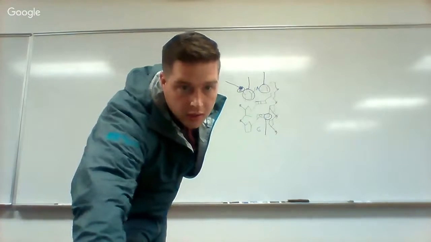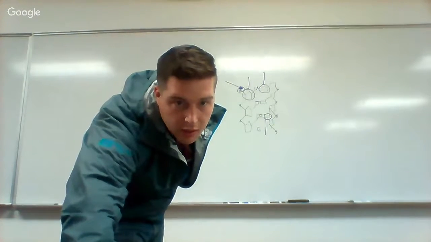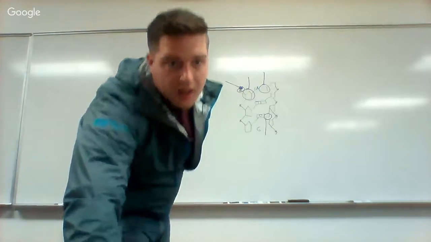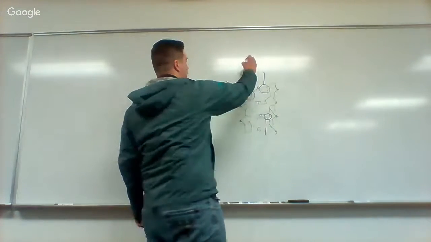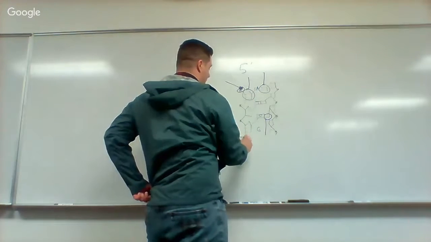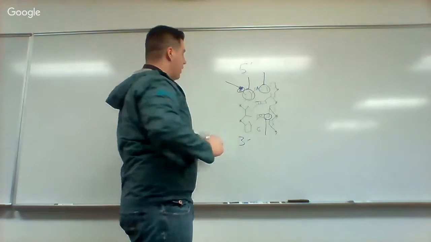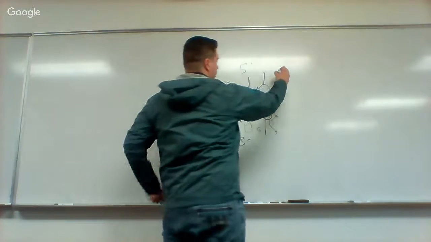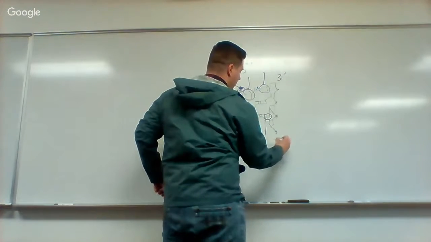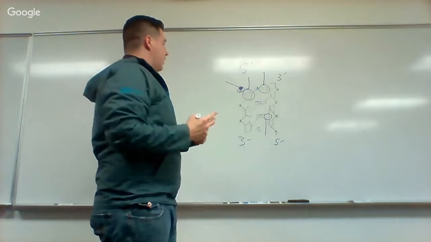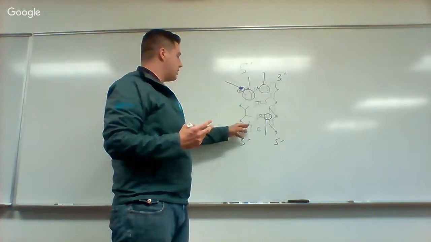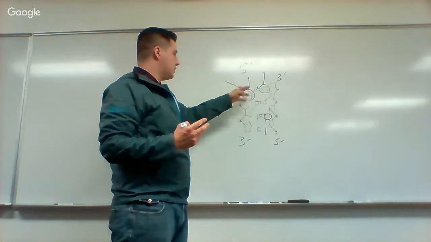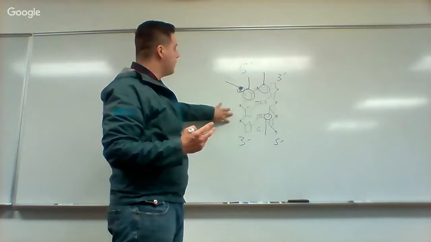So, let me see here. What I found was on the left-hand side, the 5 prime is up here, and the 3 prime is down here. And the way that I knew that is based on the way that these deoxyriboses are lined up.